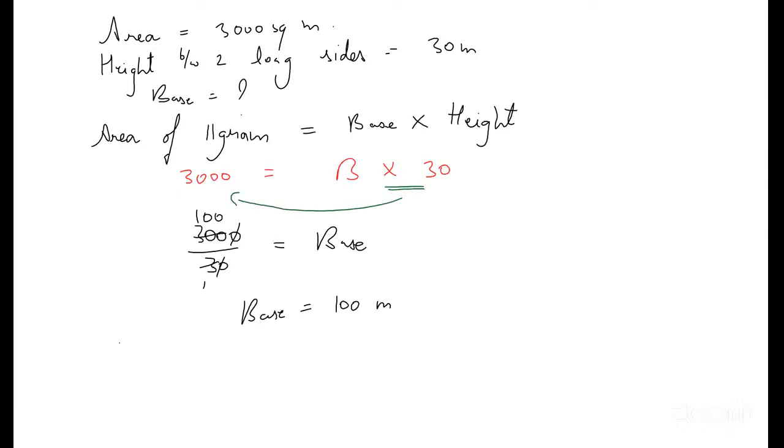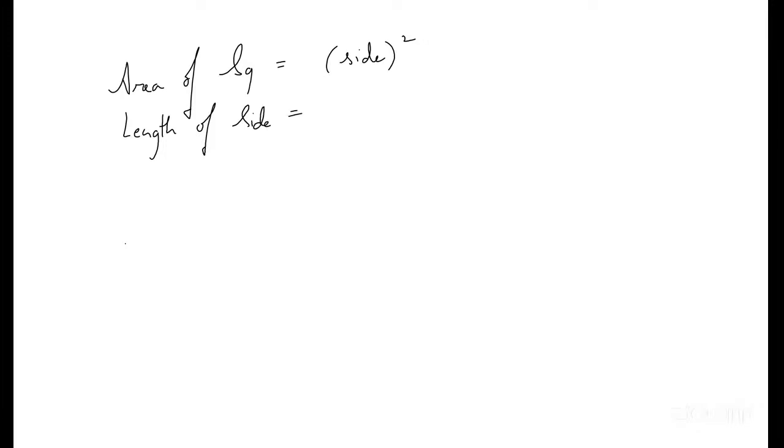Now there is a simple way to do it. See, let me clear. Area of a square we know is side square. Now we do root. We have the area and we have to find the length. So for the length of the side of the square, we will do the root of the area, 2.25.